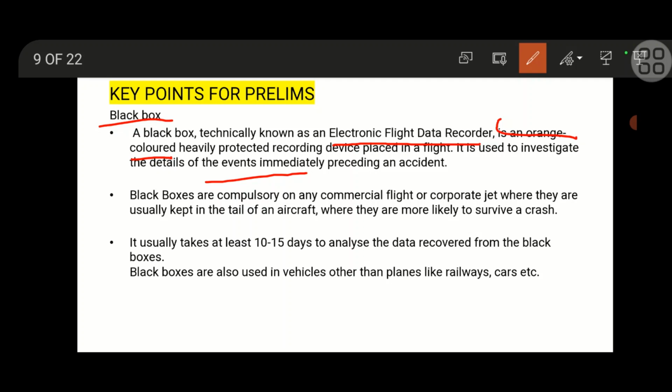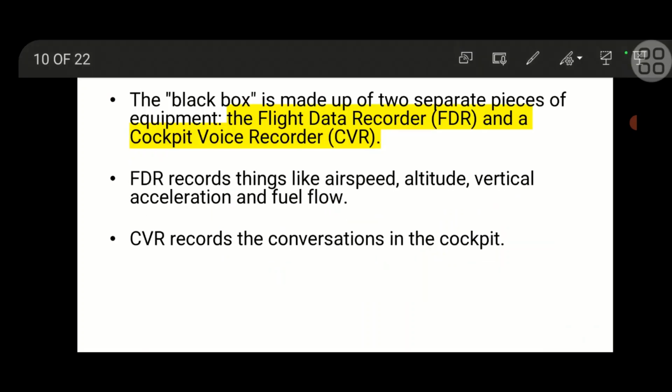Black box is compulsory and mandatory for any commercial flight or corporate jet, where it is usually kept in the tail of an aircraft. But it takes at least 10 to 15 days to analyze the data recorded from the black box. It is not only used in flights, it is also used in railways, cars, etc. So black box is actually made up of two equipment.